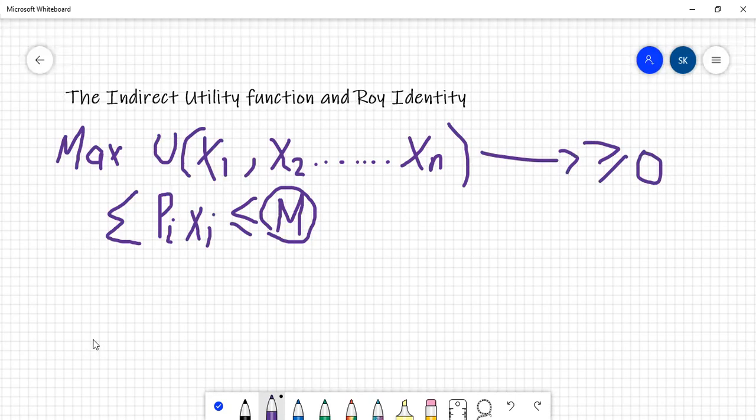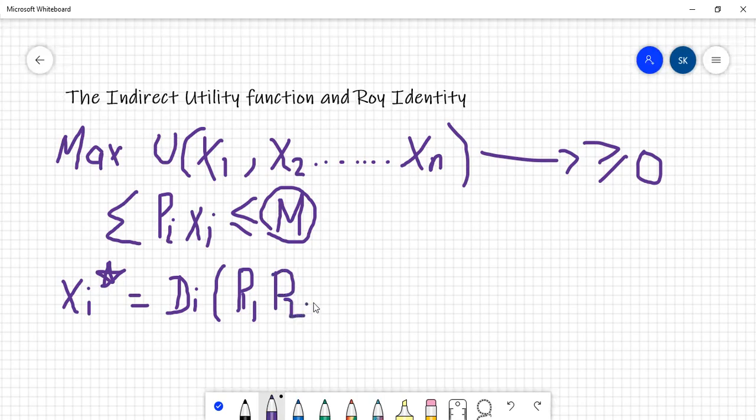Now if we want to know what the optimal xi is, it is given as xi star. We use the star symbol for the optimal values in our microeconomic analysis. So xi star is equal to bi, the demand for the goods, given the prices, that is P1, P2. Again, we know that there are n number of goods, x1, x2 till xn, so their prices are P1, P2 till Pn.